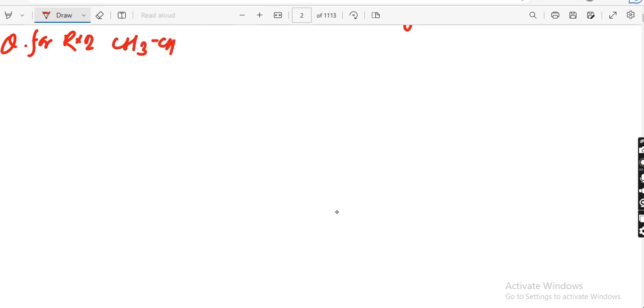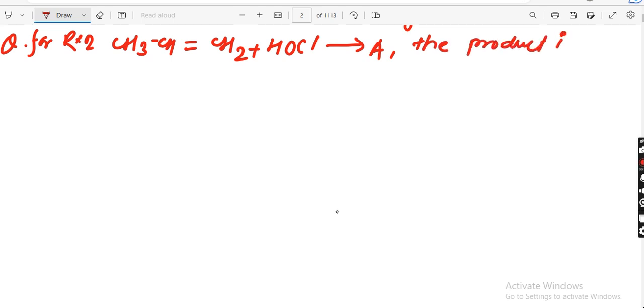Here, given for a reaction, CH3CH=CH2 plus HOCl gives A. The product is. For these types of questions you don't have to worry. This is an electron donating group, right? So this will gain negative charge and this is gaining partially positive charge, and HOCl gives OH minus and Cl plus.